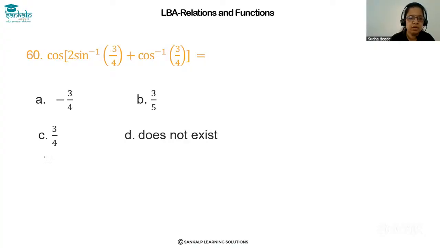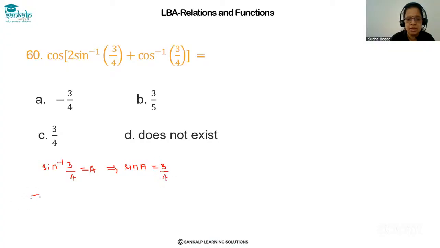So for this, let me first take sin inverse 3 by 4 as A. That implies sin A is equal to 3 by 4.